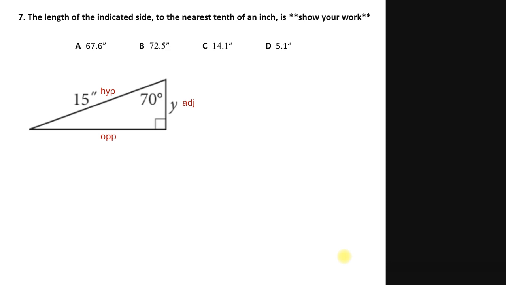So the trig ratio that deals with adjacents and hypotenuse is the cosine. So we can say that the cosine of 70 is equal to y over 15. We can rearrange that to say that y equals 15 times the cos of 70.